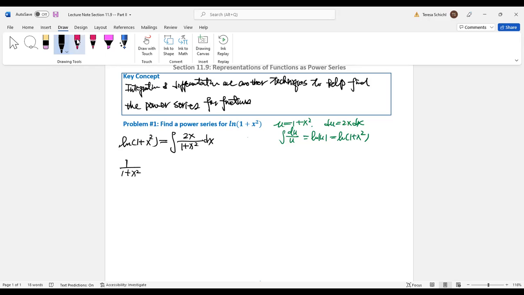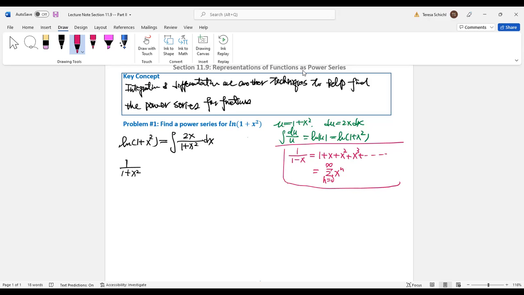Remember, in the first video we said we all start with the geometric series: 1 over 1 minus x is equal to 1 plus x plus x squared plus x cubed, and so on. This is the summation of x to the nth power, n from 0 to infinity.